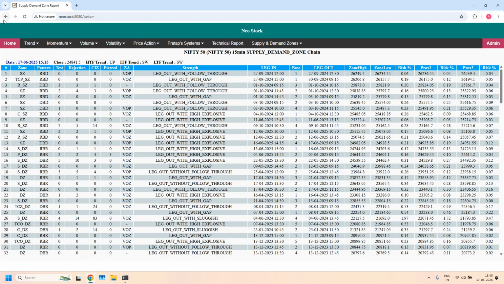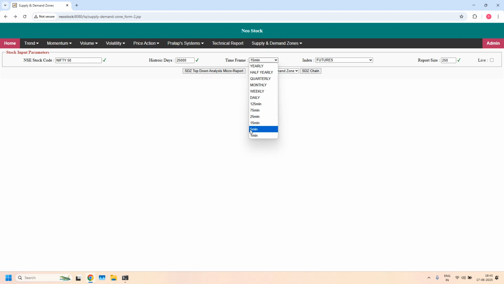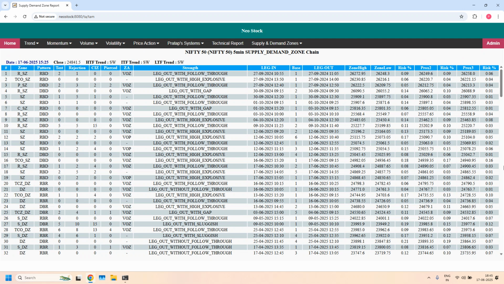Okay, next, generating 5 minutes supply demand zone chain for NIFTY. The nearest demand zone to the current closing price is serial number 20.